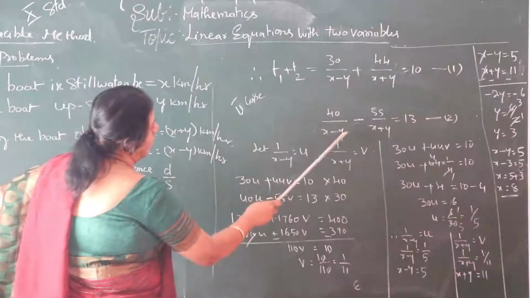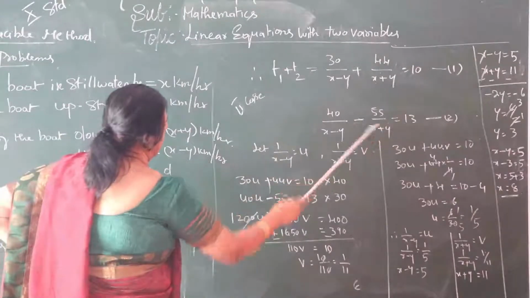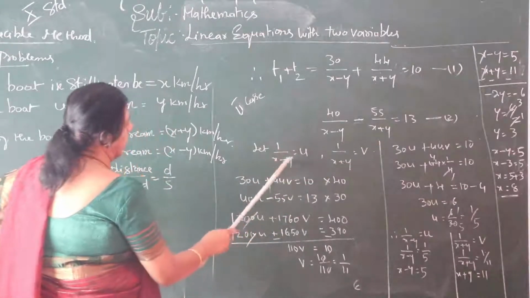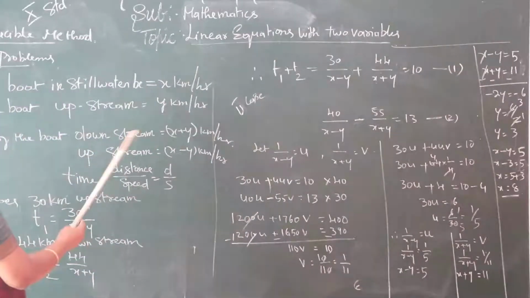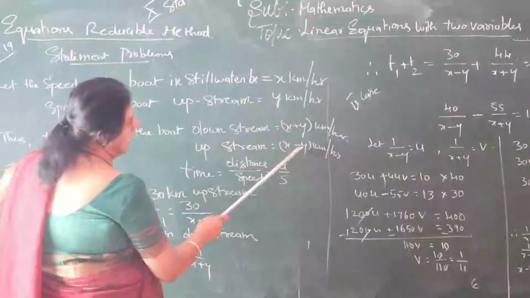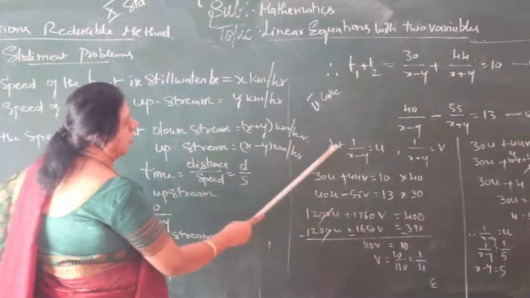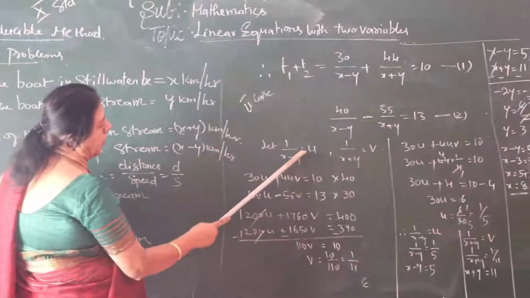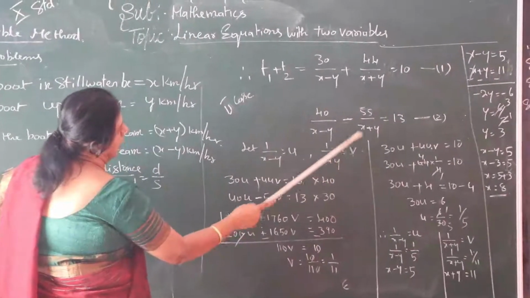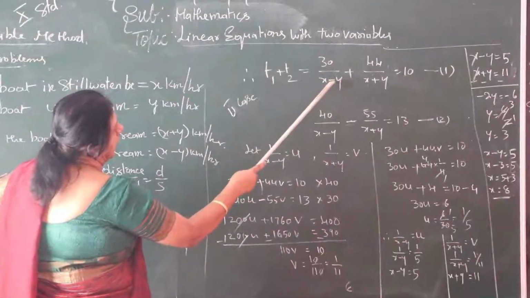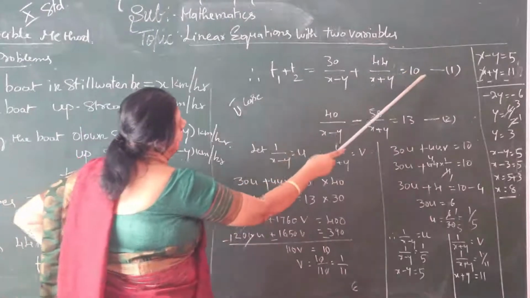40 u minus 55 v is equal to 13. Once again, check: 1 by x minus y is equal to u, and 1 by x plus y is equal to v. Check which one is x minus y and which is x plus y, whether it is right or wrong. Here 30 by x minus y plus 44 by x plus y is equal to 10.